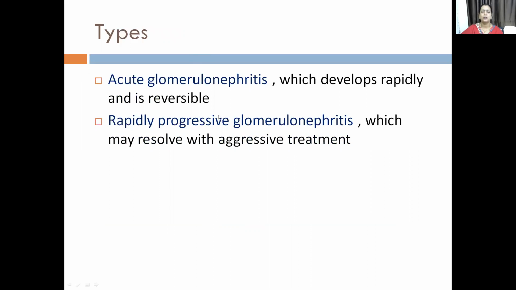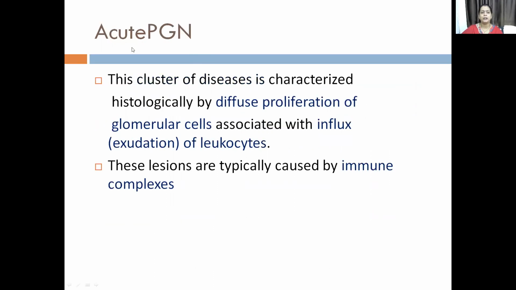So what are the types? Acute glomerulonephritis, which is rapid and reversible, and the other one is rapidly progressive glomerulonephritis, which may resolve with treatment. And both of them occur, the glomerular injury can occur, from hours to days. Remember that. Acute glomerulonephritis is a cluster of diseases characterized by diffuse proliferation of glomerular cells associated with influx of leukocytes caused by the immune complexes.